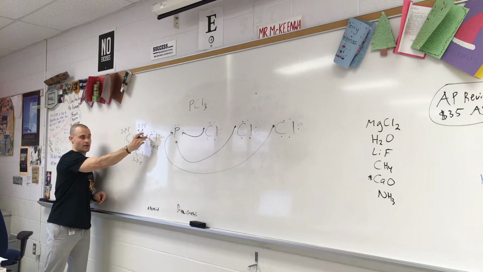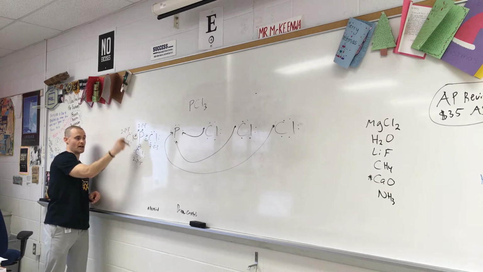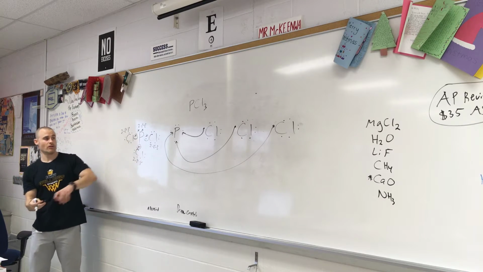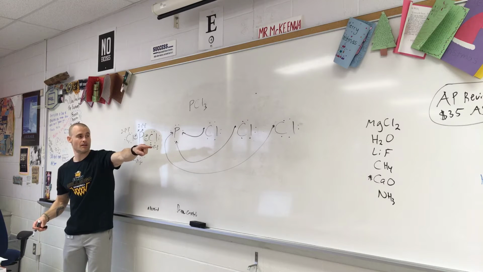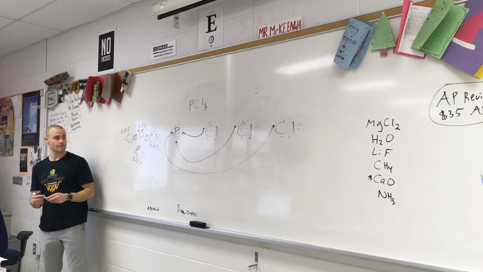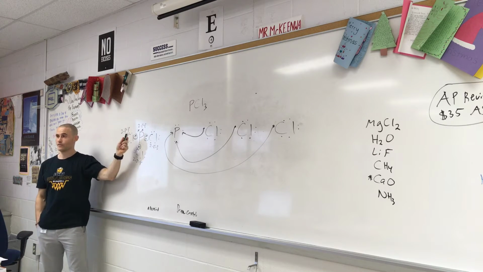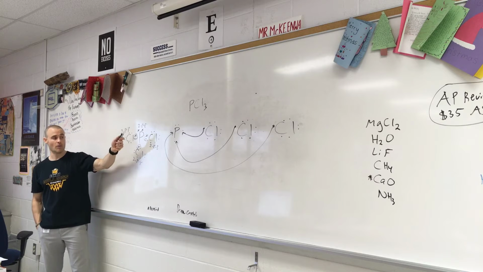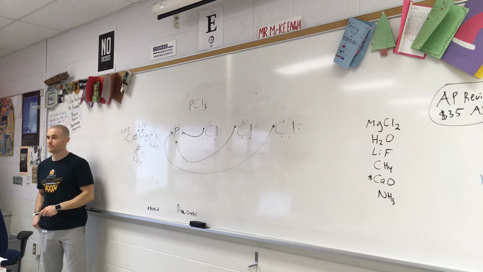So P has 2, 4, 6, 8 around it. So does each Cl. When you look at their original configurations, 2, 8, 5 and 2, 8, 7, because they're sharing, they all get 8. No charges because it's covalent. There's no transfer, so no charges. On the homework, you would do this, and then you would write covalent. And then you would move on and do the next one.